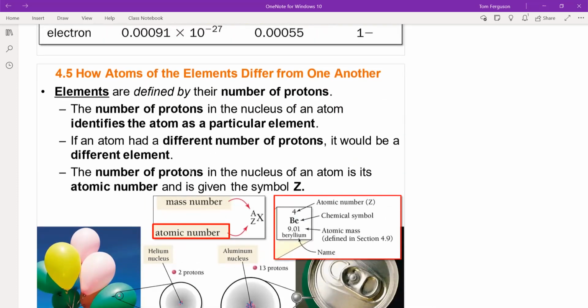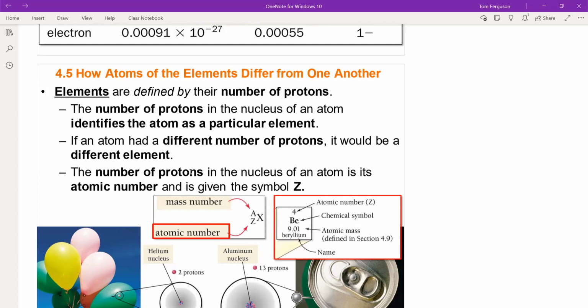Now, when we talk about 118 elements, what makes nitrogen different than oxygen? It's the number of protons, period, no exception. The number of protons determines the element. When we get into nuclear chemistry, we use something called transmutation.